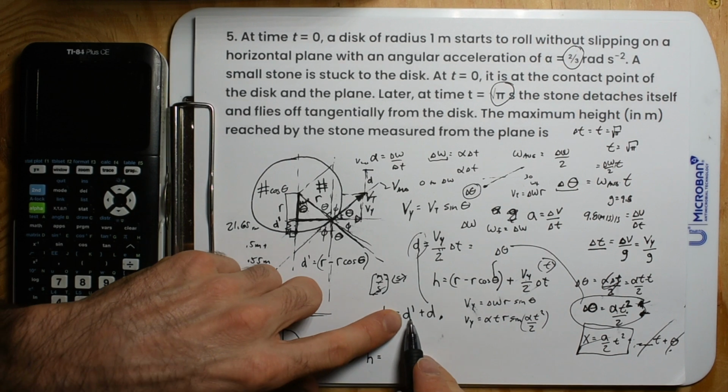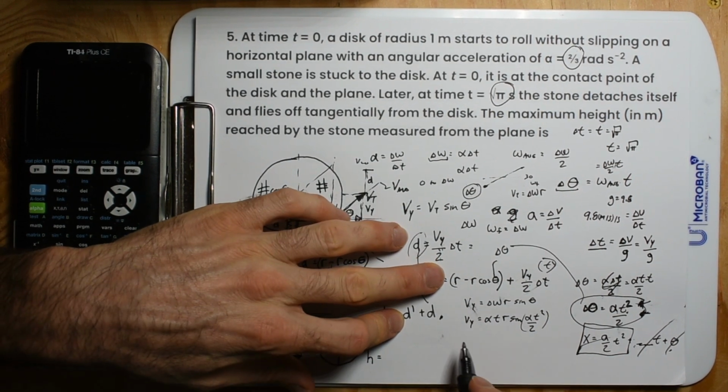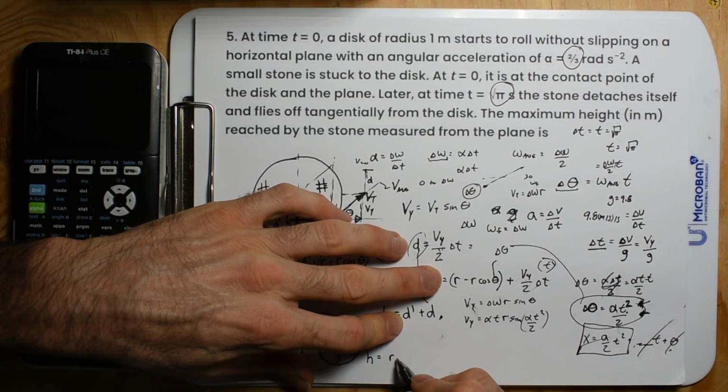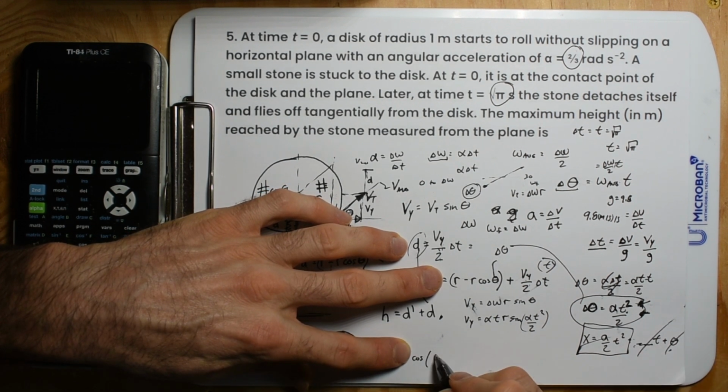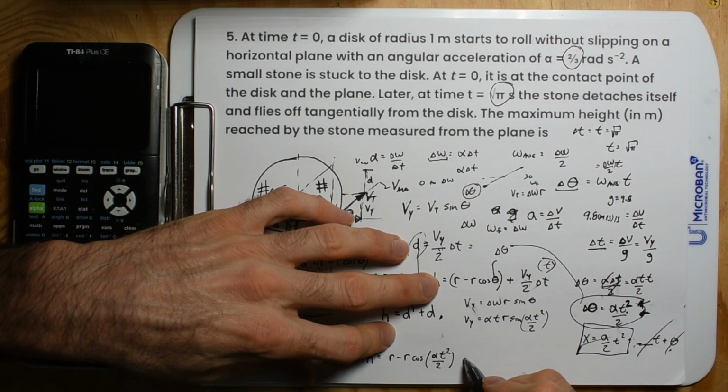H is D prime. It's going to be R minus R cosine of alpha t squared divided by 2. Booyah.